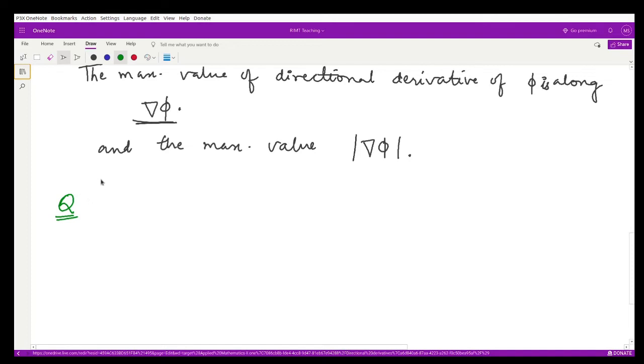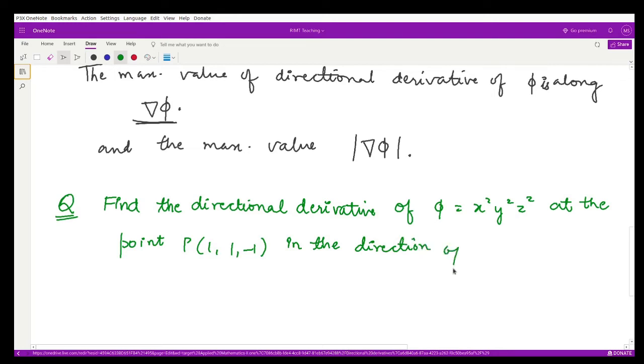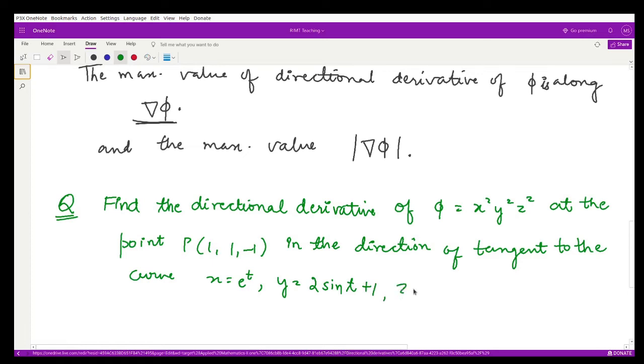Find the directional derivative of phi equal to x square y square z square at the point (1, 1, -1) in the direction of the tangent to the curve x equals e to the power t, y equals 2 sine t plus 1, and z equals t minus cos t at the point t equals 0. You could try this question.